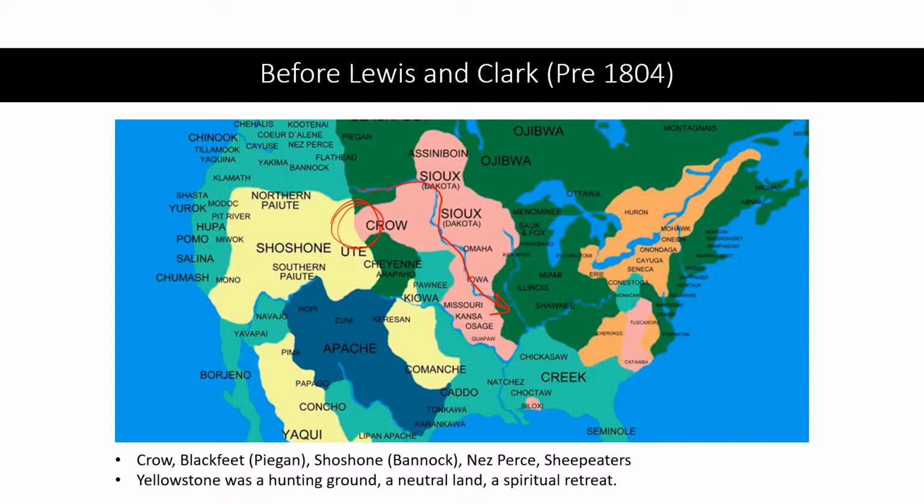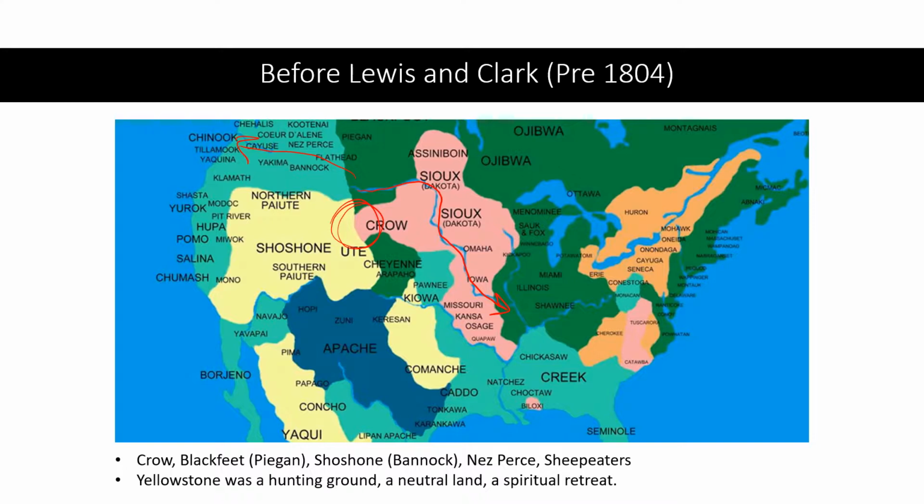Travel was much easier on rivers than over land back in 1804 through 1806 when this expedition was happening. But they were looking for a route across the mountains to the Pacific Ocean. And they eventually found one, with many adventures along the way, and much interaction with many native tribes along the way.